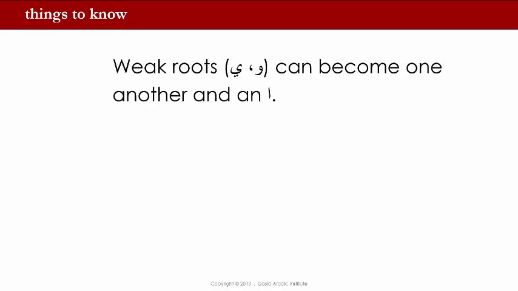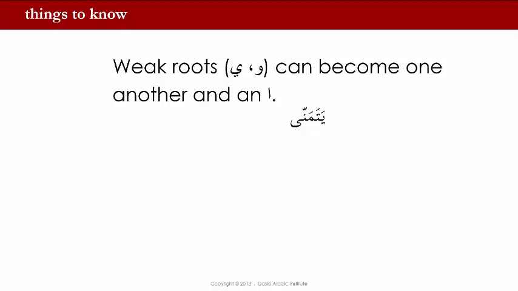One thing to note is that weak roots can become one another and an alif in certain circumstances. Yatamanna. Here, yatamanna, notice the ya is additional, the ta is additional, and however, we have an alif at the end, an alif maqsura.